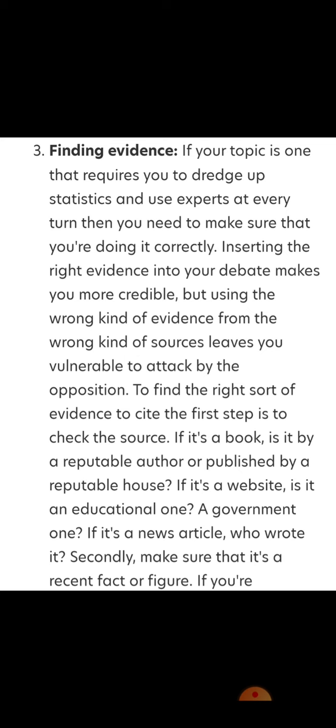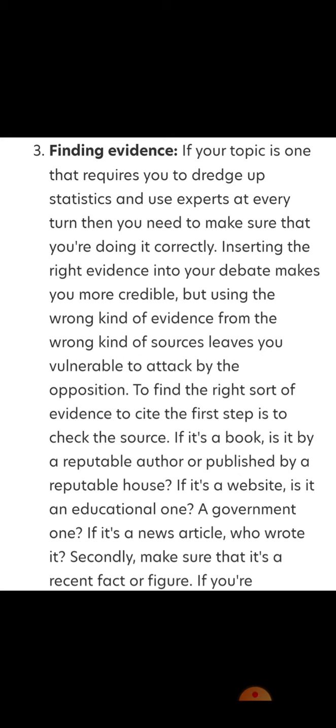If it's a book, it should be from a reputable author and a reputable publishing house. If it's from a website, the website should be educational or a government website, and if it's a news article, just check who wrote it. Secondly, make sure that it's a recent fact or figure. It means the facts and figures which you are going to present must be correct.